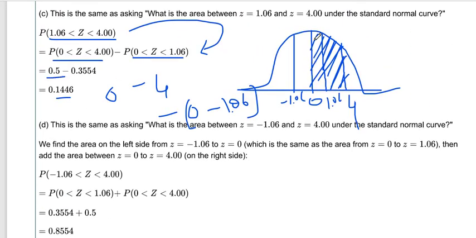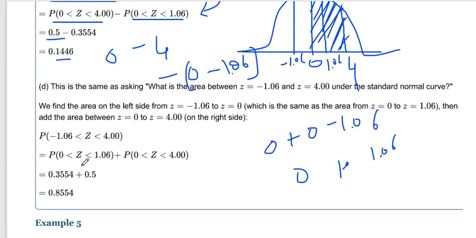And 0 to minus 1.06 is the same as 0 to 1.06. So we just have to add 0 to 1.06 to 0 to 4. We already have these two values and we get the answer.